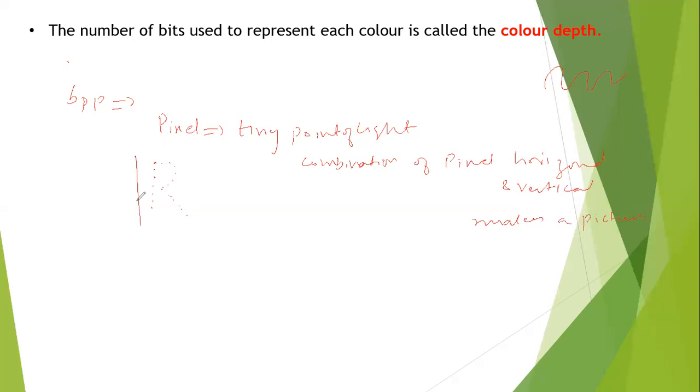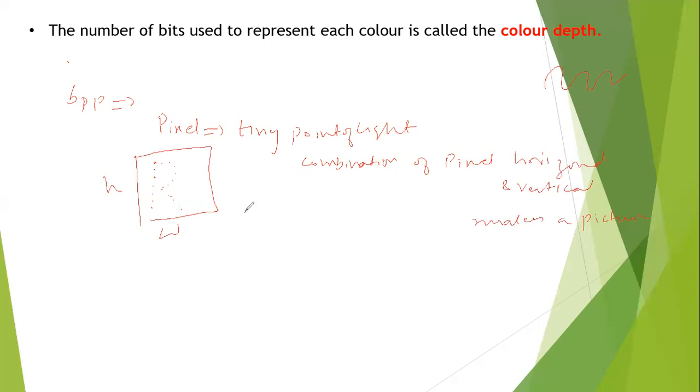This is vertical and this is horizontal. The screen is a combination of height and width, and these pixels are arranged vertically and horizontally. This arrangement of pixels makes an image.